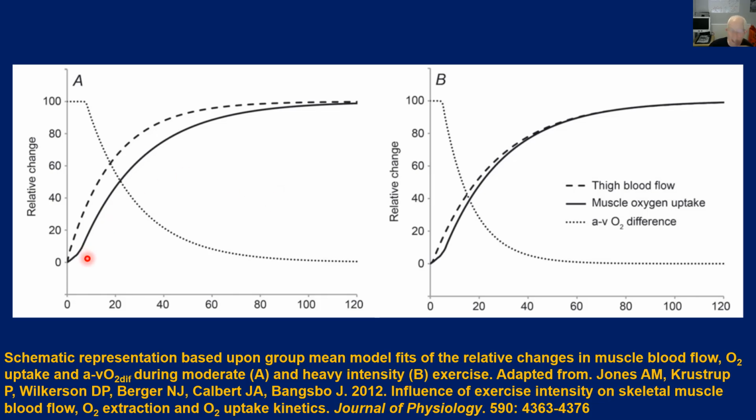So moderate is exercise which is below the lactate turn point or the gas exchange threshold, and heavy is exercise which is between the lactate turn point or gas exchange threshold and maximal lactate steady state or respiratory compensation point. But what you can see here, particularly if you look at muscle oxygen uptake, notice the pattern.